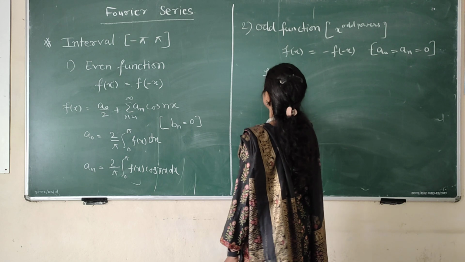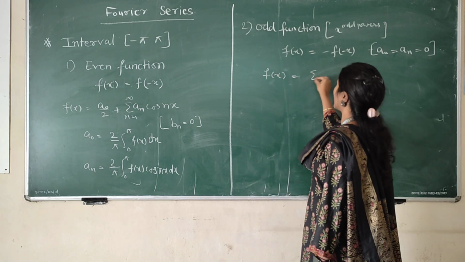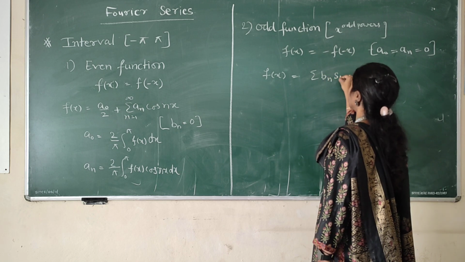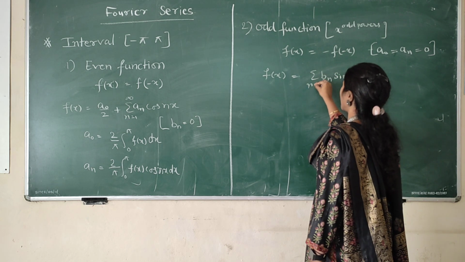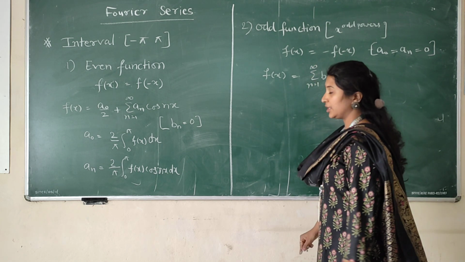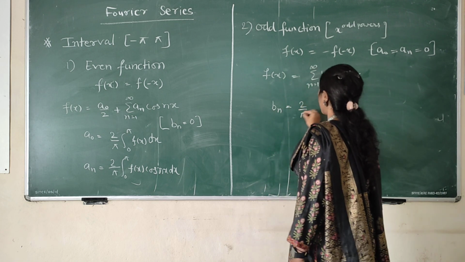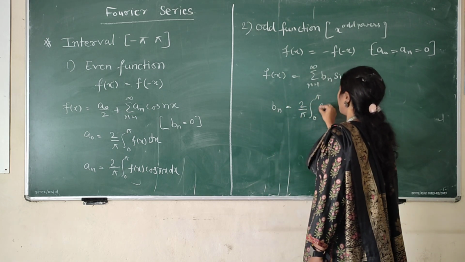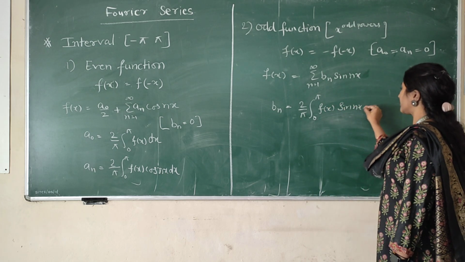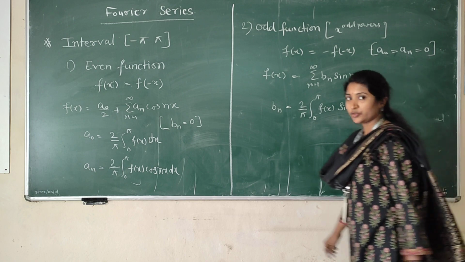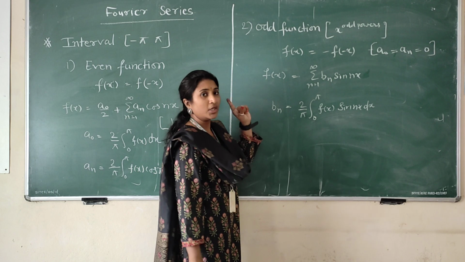So the Fourier series is f x is equal to summation bn sin nx, n is equal to 1 to infinity, and the value of bn is 2 upon pi, integral 0 to pi f x sin nx dx. So we are having two types of function, even and odd.